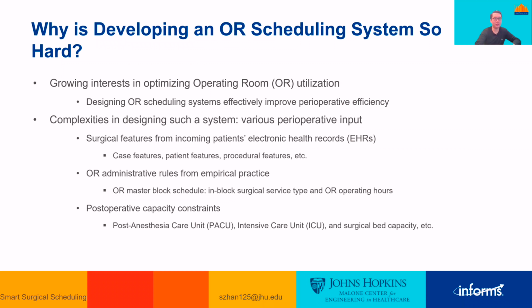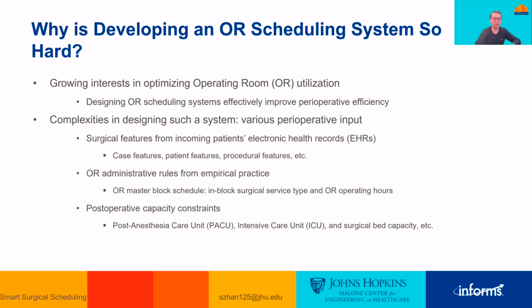The complexities in designing such a system come from various perioperative inputs. There are three types of inputs. The first one is the surgical features from patients' electronic health records, which give the OR schedulers the basic information of the case, patient, and procedure. The second input is the OR administrative rules, which put some constraints on surgeons using the OR in a certain manner, and it is mainly reflected from the master block schedule.